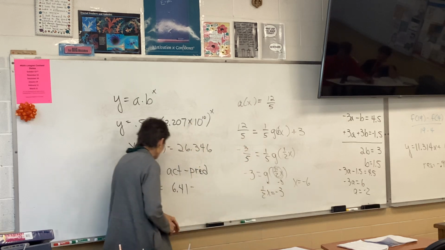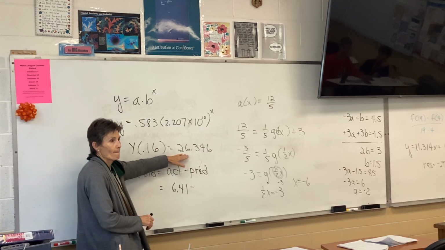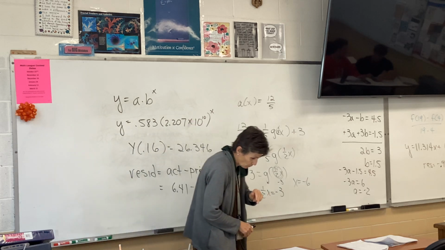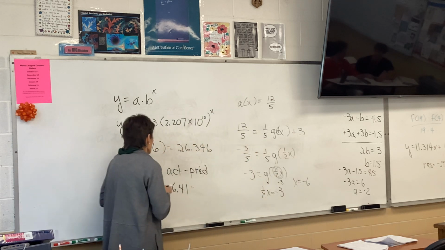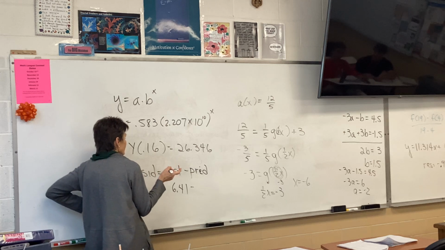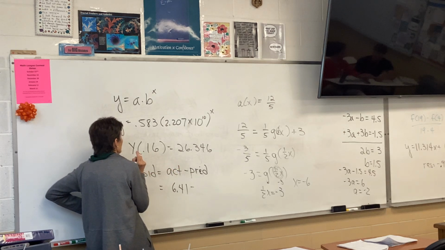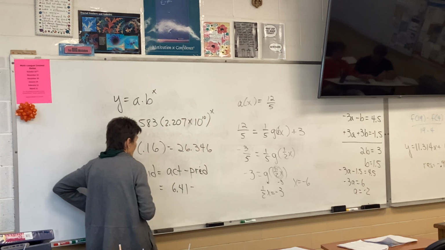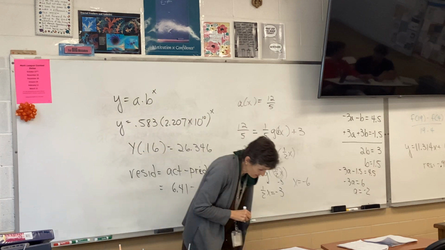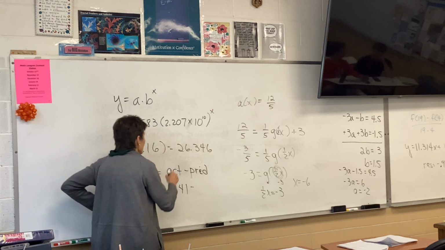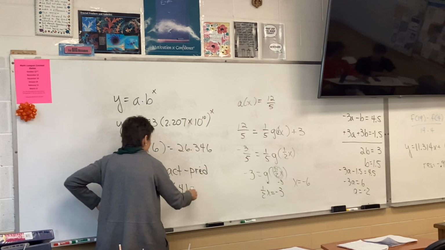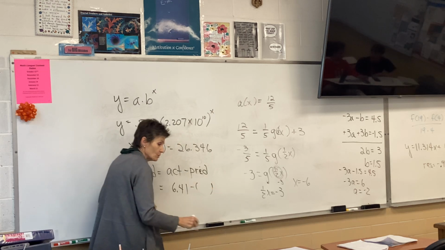So, did everybody get this number? Okay. So, now we're gonna do a residual. We can use this equation, and X is 0.11, so we can put 0.11 in there, calculate that out, and that would be our predicted value.